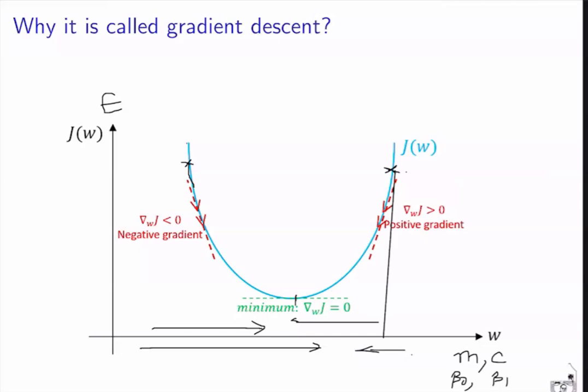Let me clarify this again. Our guessing may start from either this position or this position. If we start from this position, we will need to increase the values of m or c, and if we start the guessing from this point, we need to decrease the values of m and c.